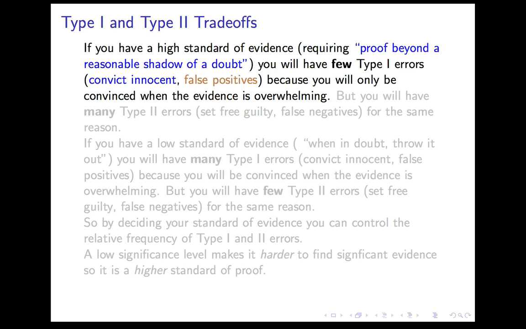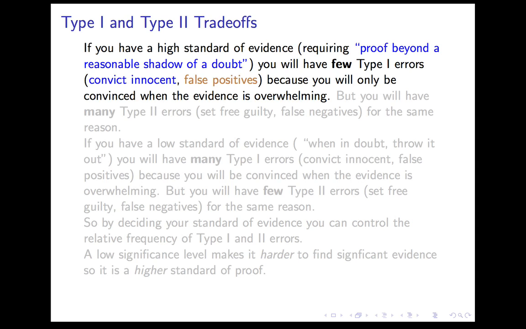So one of the things you get from that example is that the consequences of the two different types of error, type 1 and type 2, are dramatically different. And I hope that you understand there's a trade-off there. There's a trade-off because if you have a high standard of evidence, if you require a lot of evidence before you're convinced of the alternate hypothesis, that's described in the courtroom setting as proof beyond a reasonable shadow of a doubt.